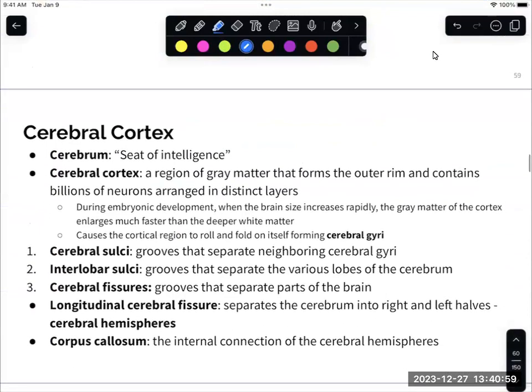The cerebrum. The cerebrum is known as the seat of intelligence. The cerebrum has gray matter on the outside and white matter more on the inside. It has billions of neurons.